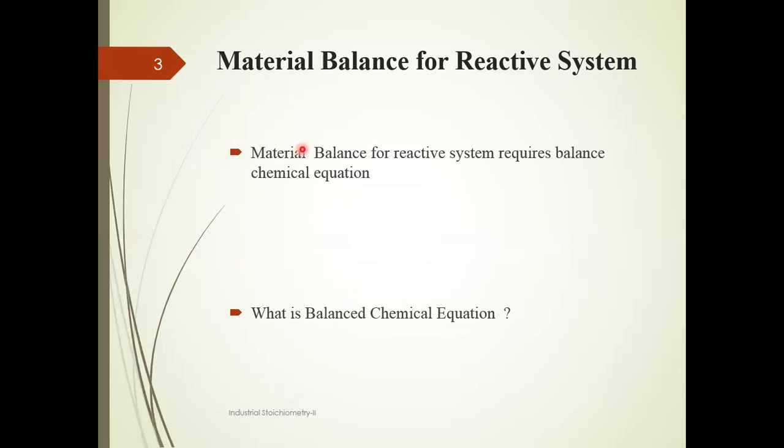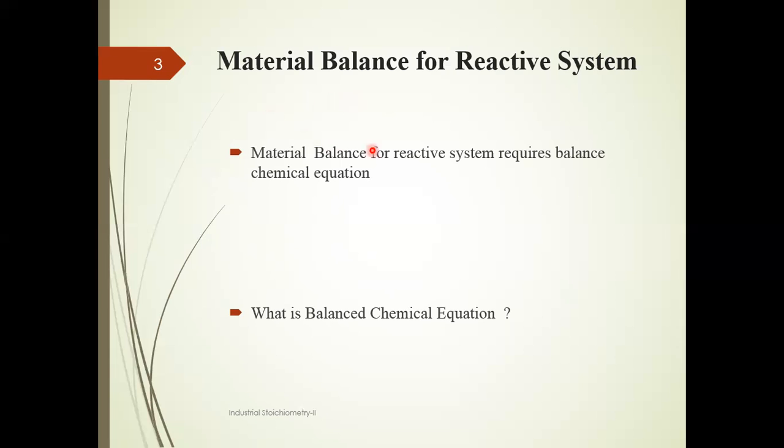So let's start with material balance for reactive system, in which a reaction takes place. Usually, you can say that a chemical change takes place. For example, a fertilizer plant, which is producing fertilizers, is a reactive process in which chemical reactions are taking place.